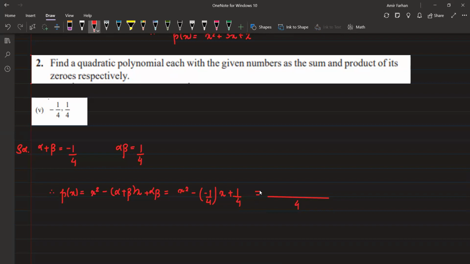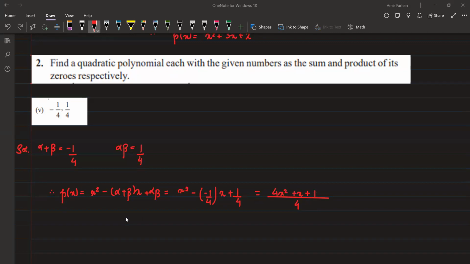So it will be 4x square. Is this clear? Minus and minus, it will be plus x plus of 1. Clear? Yes, sir. Any doubt? No, sir. Okay, sure.